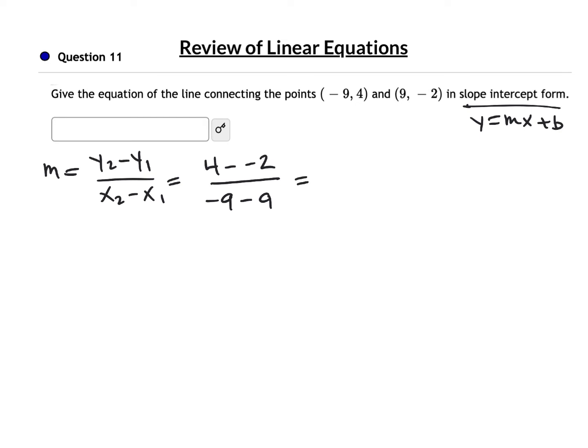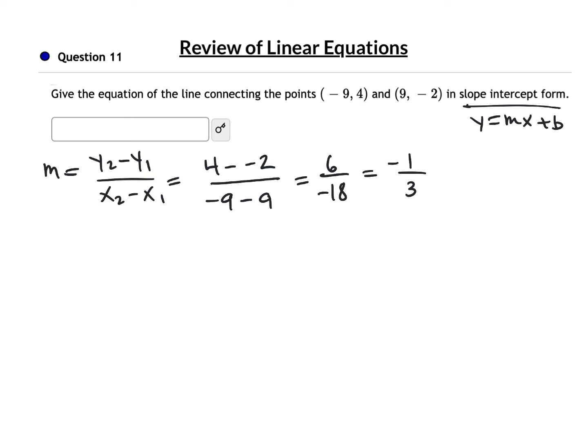That's 4 plus 2, which is 6 over negative 18. Notice that 6 and 18 are both divisible by 6. This fraction simplifies. Divide by 6, you get 1. Divide by 6, you get 3. And we have one negative, so our slope is negative.